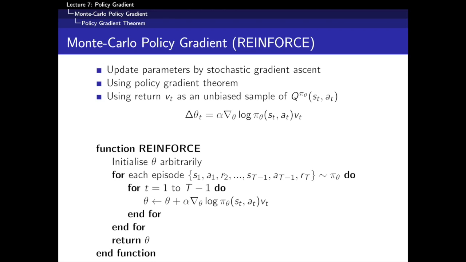So now you go over each of your steps again, and for each of those steps, we want to adjust our parameters a little bit in the direction of this stochastic gradient, which is the score, how to adjust our parameters in the direction that gets us more or less of something, multiplied by this sample return from that step. It's as simple as that. It's a very simple algorithm. This is the most straightforward approach to policy gradient. You just sample returns and you adjust your policy in the direction that gets you more of those returns.